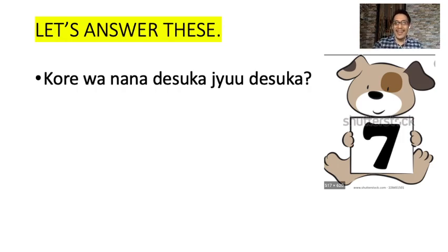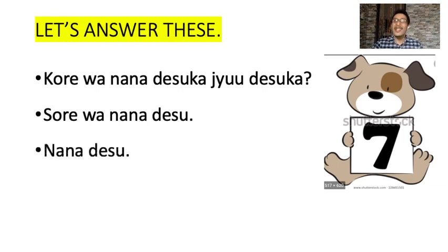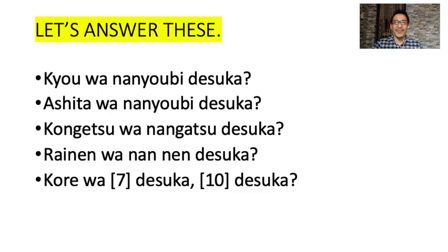So what is the correct answer? Can you not guess, but tell me the correct answer? Please type your answer in the comment section below. これは7です. Okay, so これは7です or 7です. The shorter version is also okay.